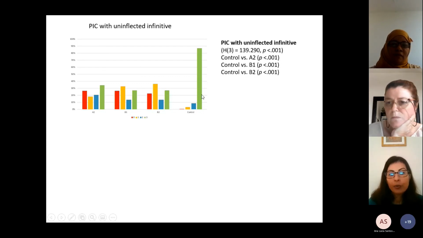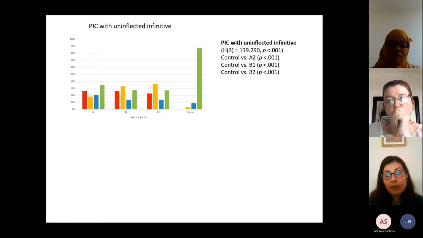The control group accepts PIC with rates above 90% if we sum up the 2 and 3, but the Spanish speakers tend to reject this structure in all the proficiency levels, except for the A2 level. Still, we found statistically significant differences between the control group and the A2, B1, and B2 groups.